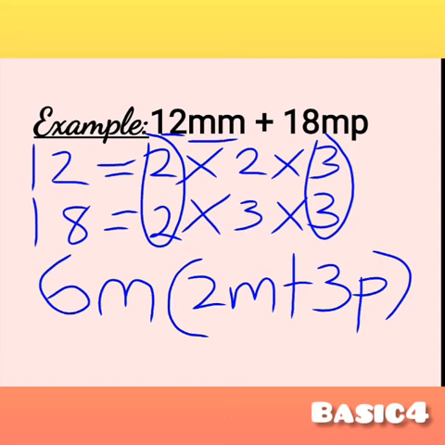You can see it there. 6 times 3 is 18. That is the 18. m times p is mp. It takes us back. So this is all that we mean by factoring algebraic expression.